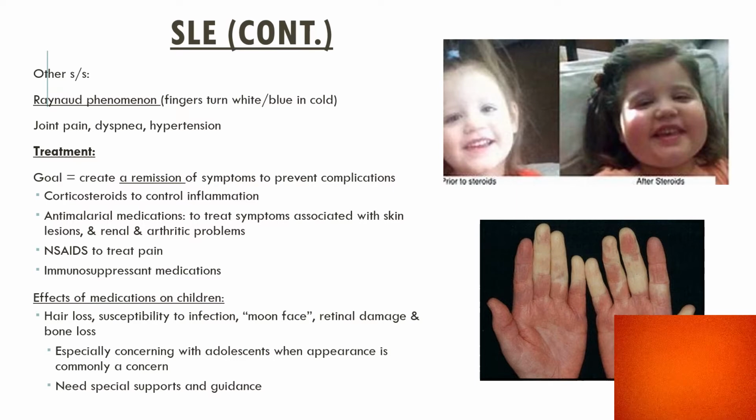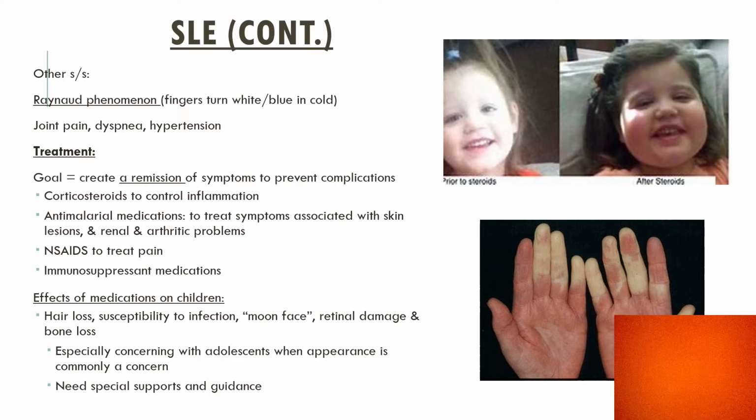That picture on the bottom right shows fingers that are turning white or blue in the cold. That is typical of Raynaud's phenomenon and is common in patients with lupus. Additionally, they may have some blood pressure issues due to the damage to the blood vessels, shortness of breath, joint pain due to issues with arthritis.